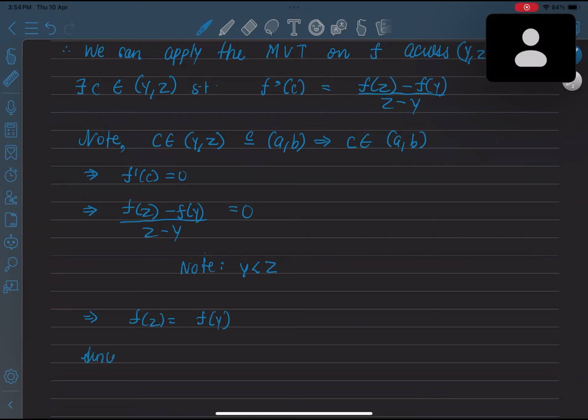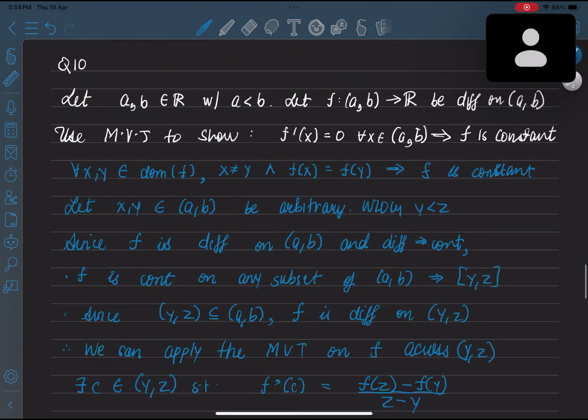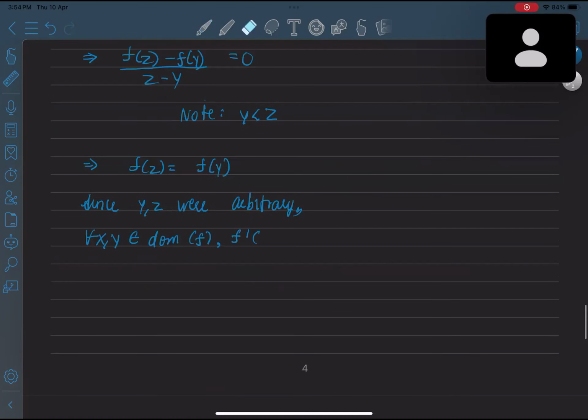And since y and z were arbitrary, we can conclude that for all x and y in the domain of f, x not equal to y, and f(x) equals f(y).